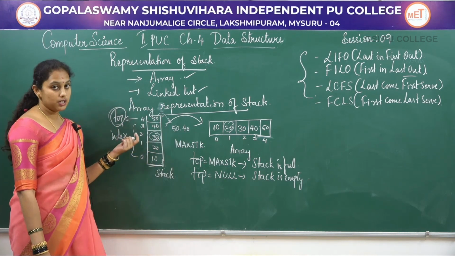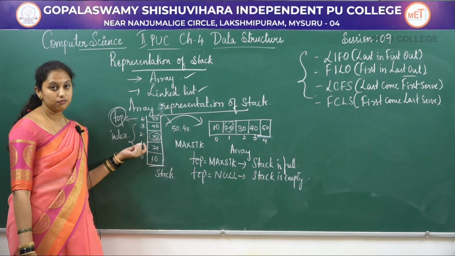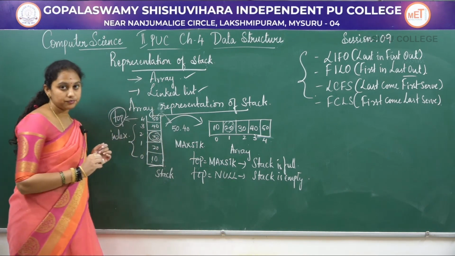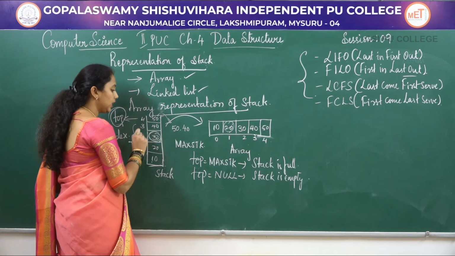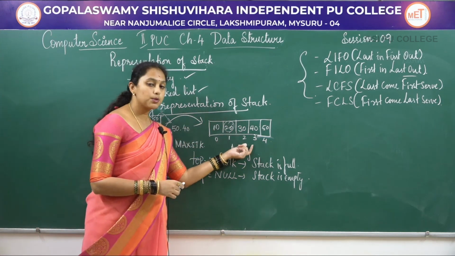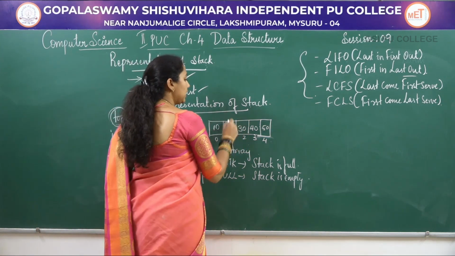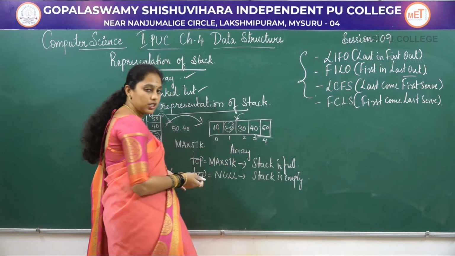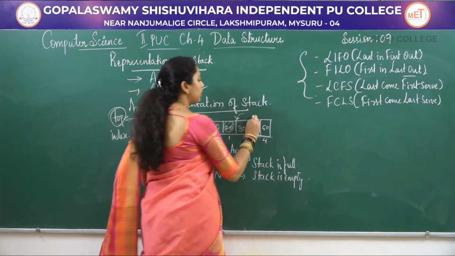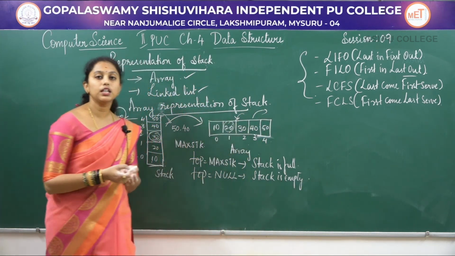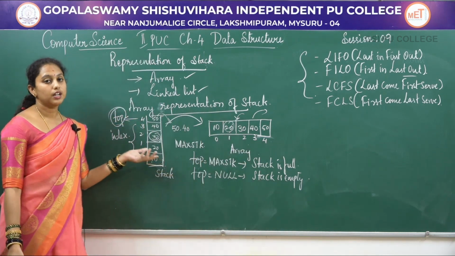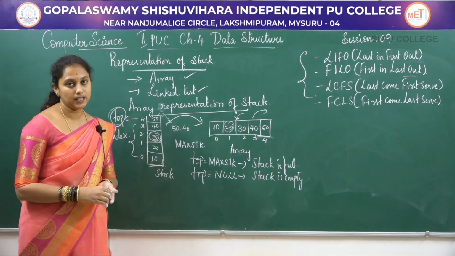So if I want to remove an element called 30, first I have to remove 50 as well as 40. But in an array, I can add an item in the middle, or directly delete an item called 40. So this is a major difference between array and stack.